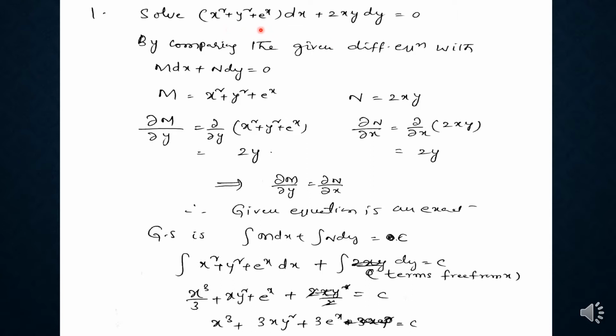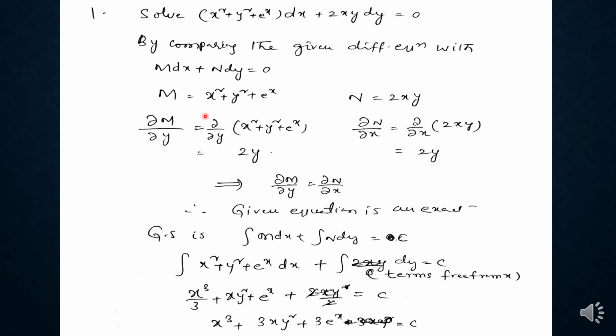Here M is equal to x square plus y square plus e power x and N is equal to 2xy. Now find the partial derivatives ∂M/∂y and ∂N/∂x.